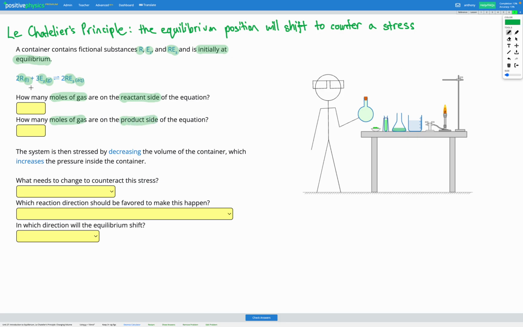So on the reactant side, we've got 2R, which is a liquid. That's not a gas. So we've got 0 moles of gas coming from R. Plus, we've got 3 sets of E2, which is a gas. So that means we've got 3 moles of gas there. So that's a total of 3 on our reactant side.